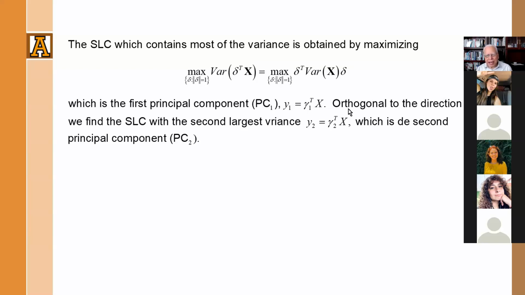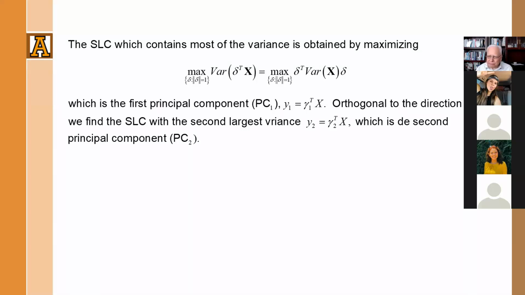I'm calling it here Y1. The first principal component is gamma 1 transpose, the first eigenvector, times X. And that's a transformation of X. See? It's moving X to a different space.